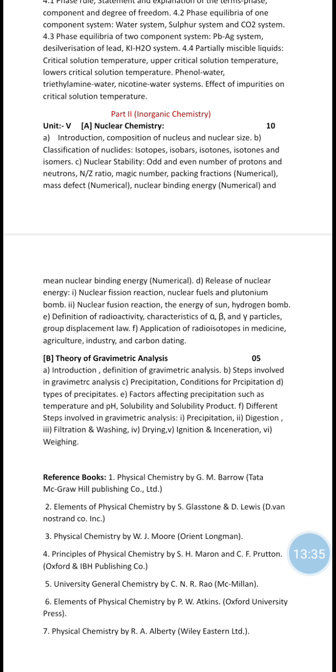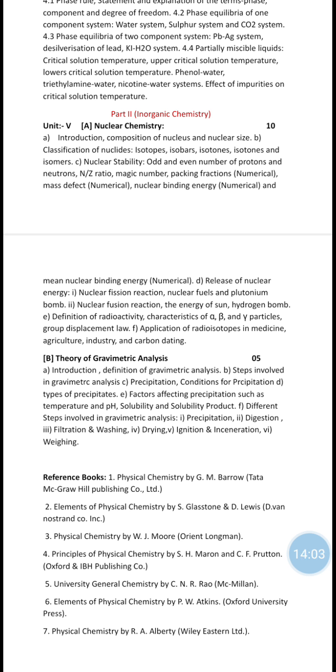After this we will see nuclear stability of the nucleus. How does odd and even number of protons and neutrons or n by z ratio make difference in the stability of nucleus.